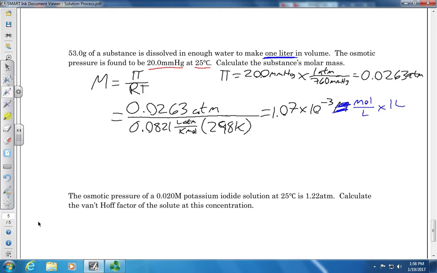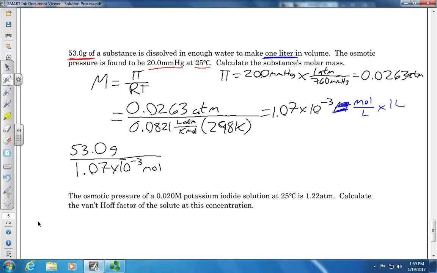Now we're asked to find what the substance's molar mass is, and we know what the mass is, and we know what the moles are now. So if we look at the unit definition of molar mass, it's grams per mole. So all we have to do is take 53.0 grams and divide it by 1.07 times 10 to the minus 3 moles.